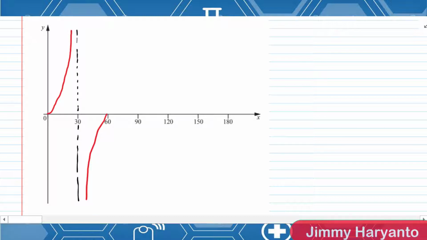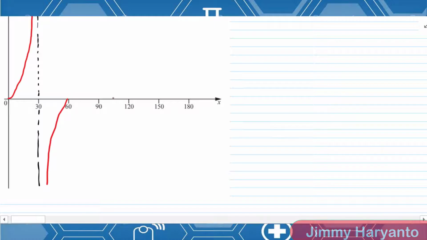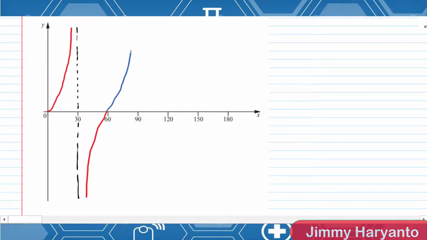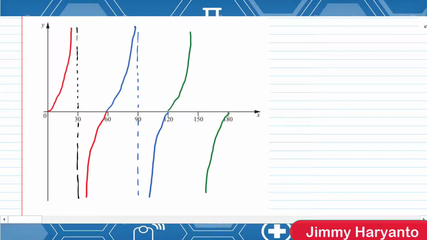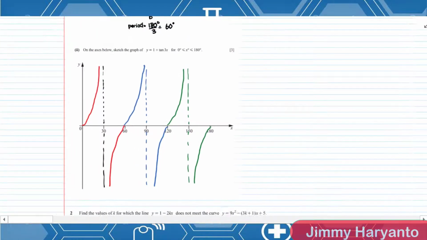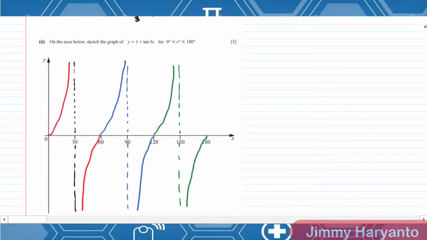After that you only have to copy the cycles one more time, 1 and 2. Hence we'll have another asymptote, and then copy again one more time, 1 and 2, and then another asymptote. There you go. This is the graph of tan 3x.